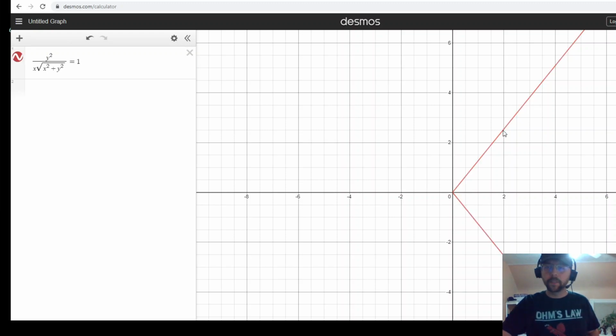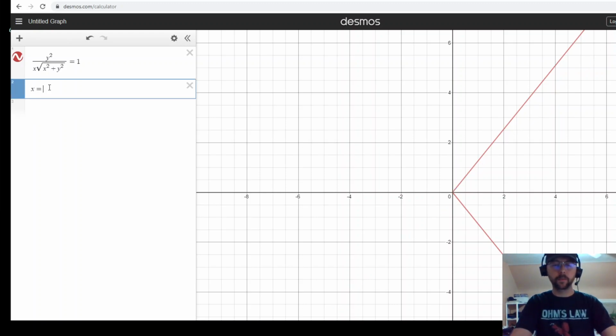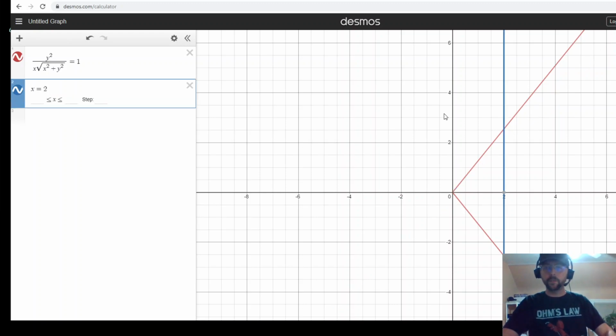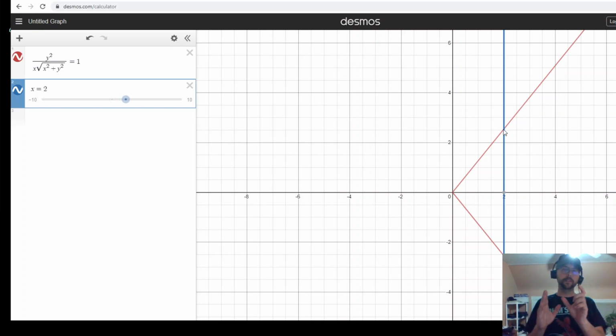I wonder if it'll tell me. No, not unless I can make it tell me if I say x equals 2. So it's this point, come on, 2.54. So the distance that the semicircle would be from the charge would be 2.54 meters.